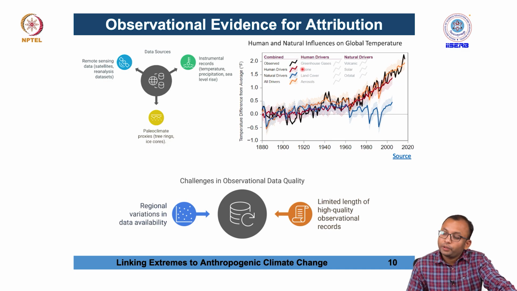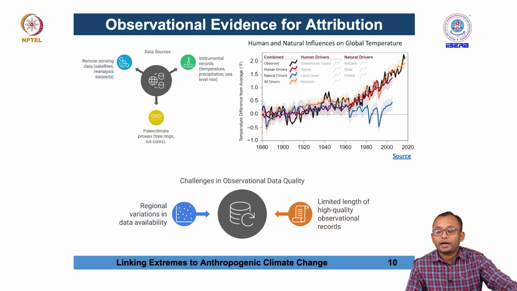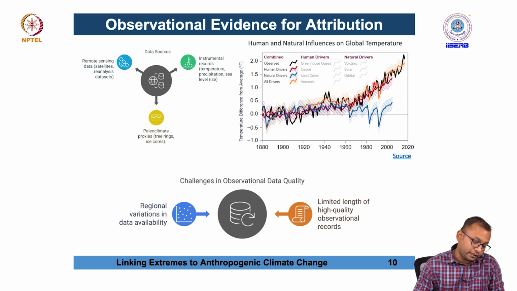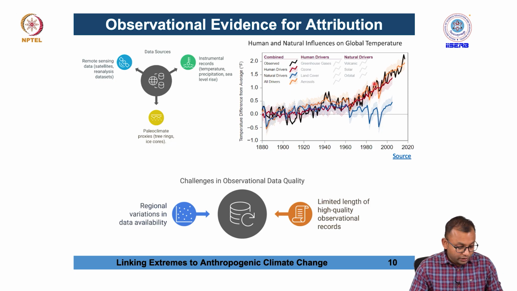But if you add the human driver plus the natural driver, it can certainly detect the slope of the change in temperature, which provides a clue that humans are the dominating cause of the global temperature rise, and therefore we have a rise in temperature all across the world. So, this is what we call attributional analysis, and we can use it for further attributional evidences. What is the limitation?